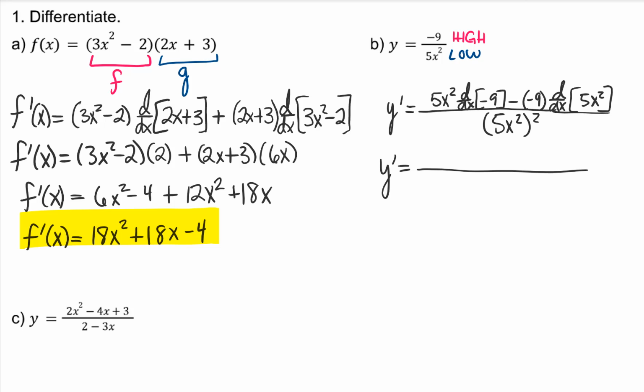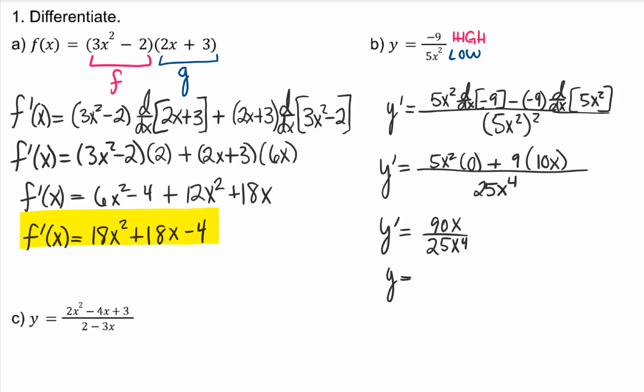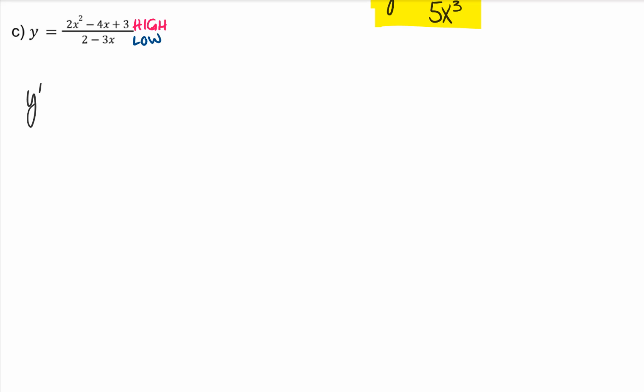Hey, the derivative of 9 is 0. There's our derivative. Plug it into the formula, low d high minus high d low over low squared we go.